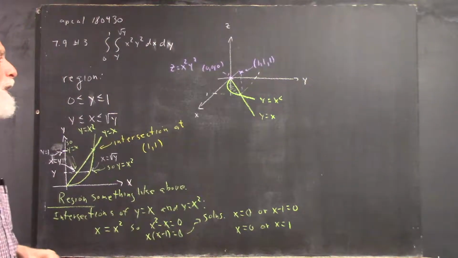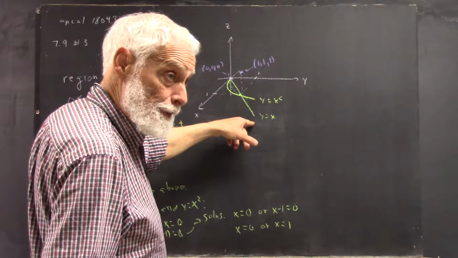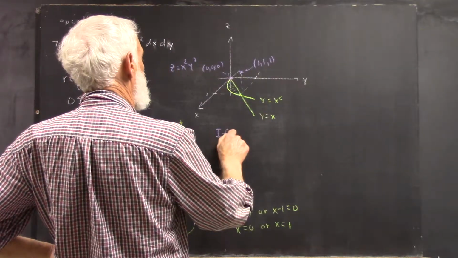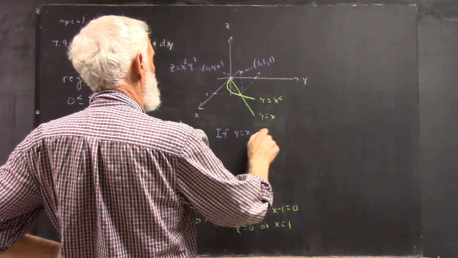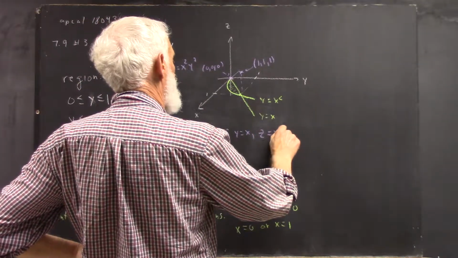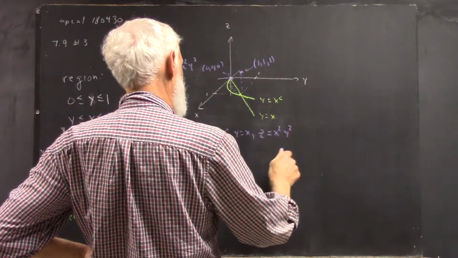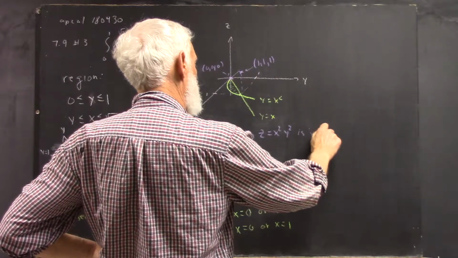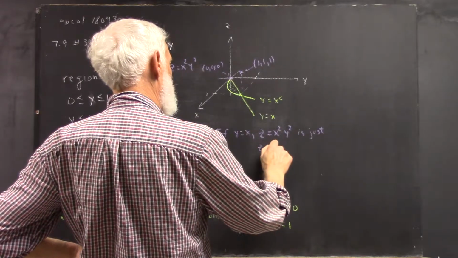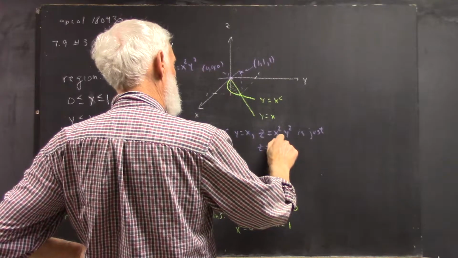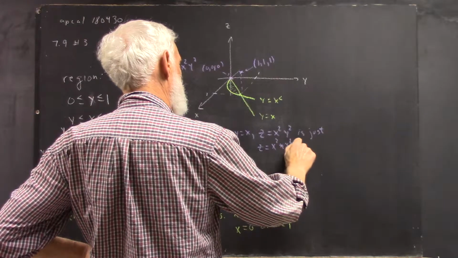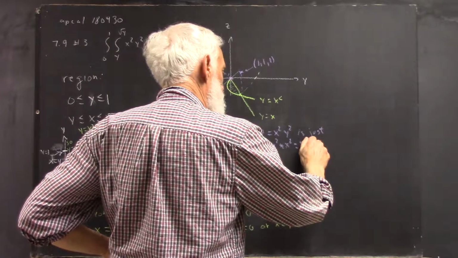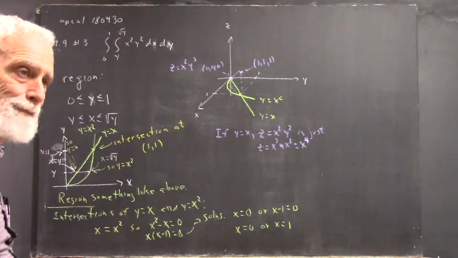Okay, well, along the line y equals x, the graph is just z equals x to the 4th.